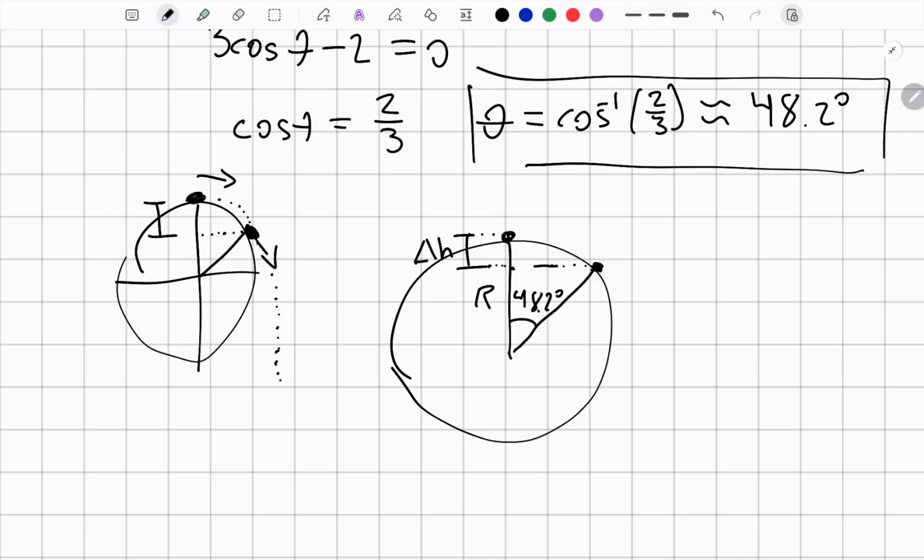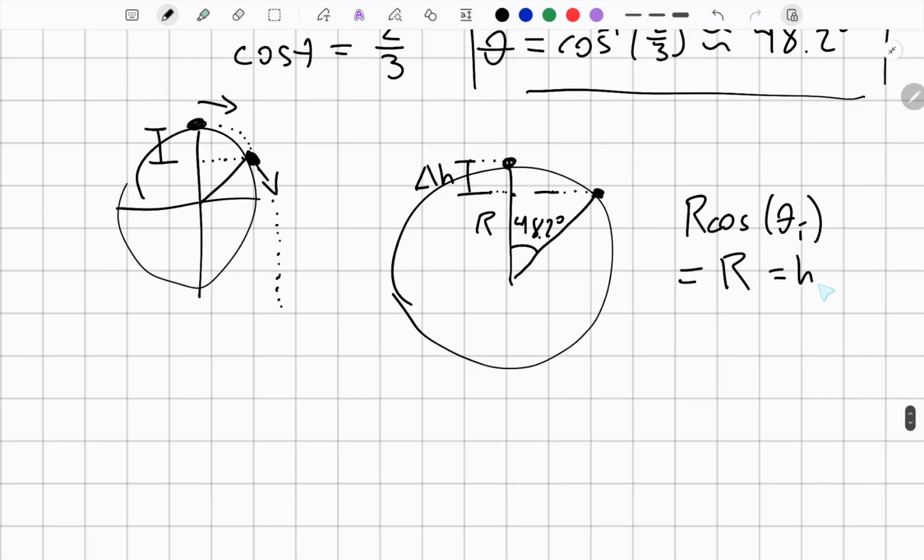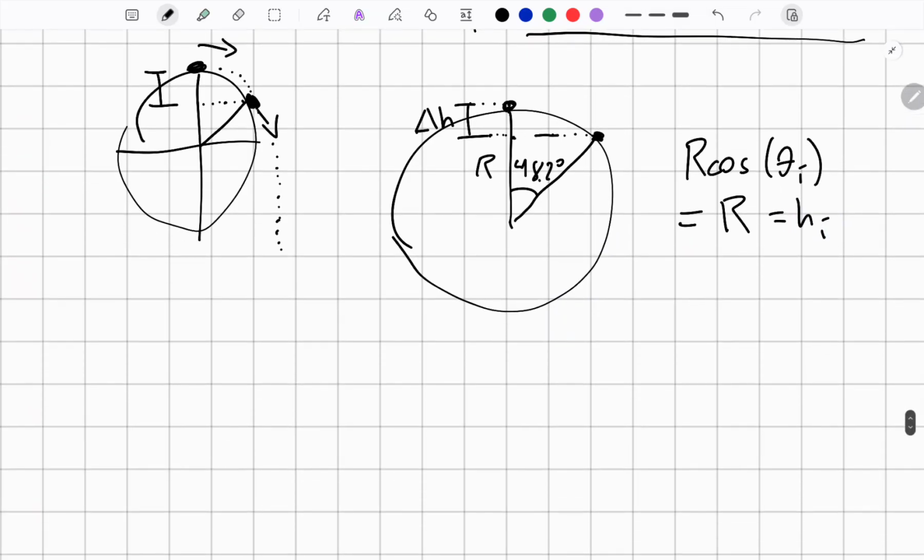This change in height. So we know that this value is R cosine theta initial, which is just 0, so we just get R as our initial height. And our final height is going to be R cosine of 48.2 degrees.